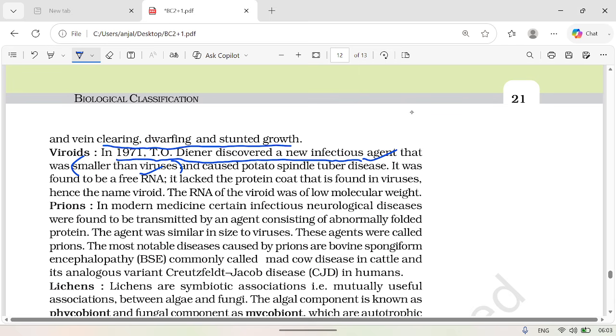It lacked the protein coat that is found in viruses, and hence the name viroid. And the RNA of the viroid was of low molecular weight. So, viroids: in 1971 Theodor Diener discovered new infectious agents smaller than viruses, causing potato spindle tuber disease, free RNA, lacking a protein coat, hence the name viroid, and low molecular weight.